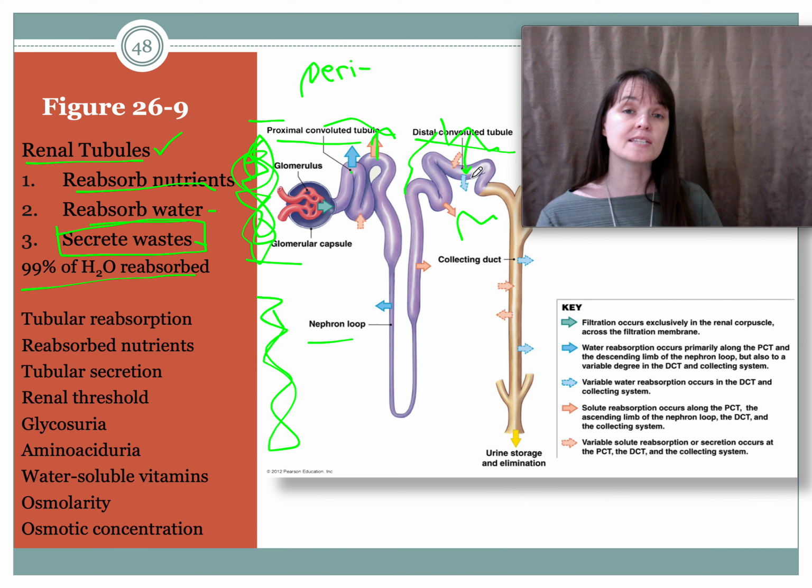These are things that are too big to go through the filtration membrane, but they need to be filtered out. That is secreted wastes. They get secreted, moved into the tubular fluid so that they will be peed out.